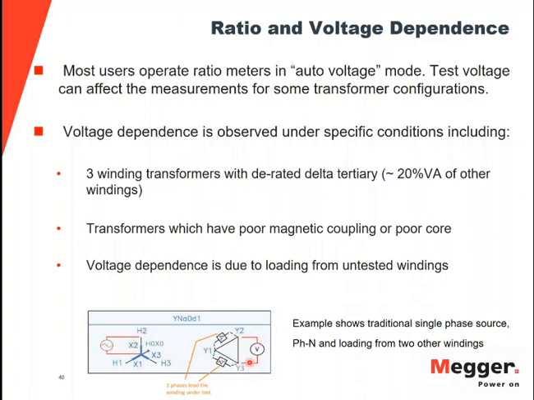I'm trying to measure the induced voltage on the secondary side, but the two untested windings act as a load on this winding, and that can affect my results. So we will see some case examples, and that would give you some idea.